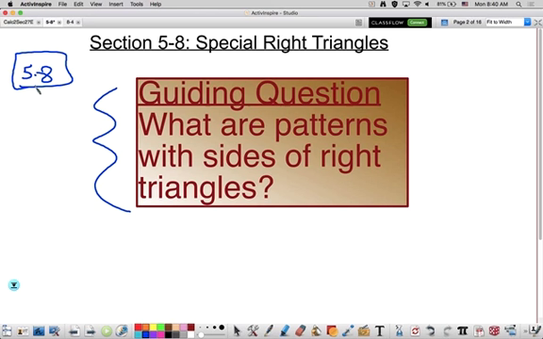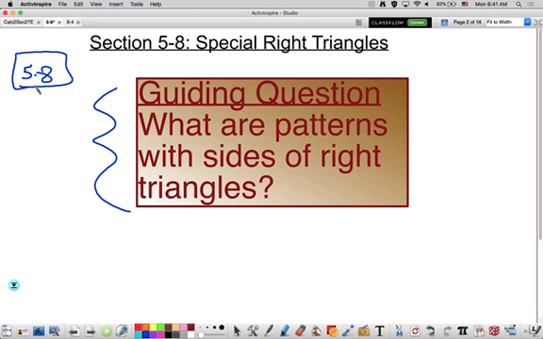Who has a blue pen? A blue pen. Somebody has a blue pen. She actually has one. She has blue with a marker. Don't throw it. Thank you. Pass it.